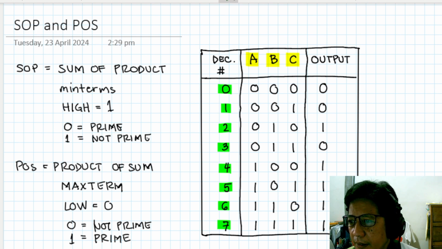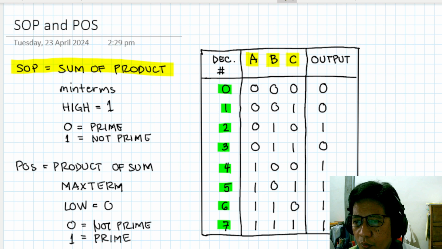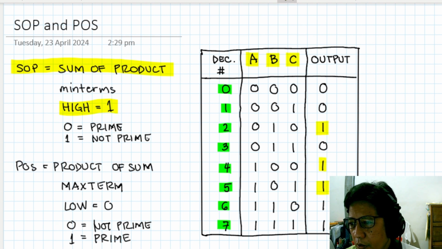So, let us derive the Boolean function from the given truth table using sum of product. It is stated that in a sum of product, we will only use outputs which are set to high. And these are the outputs set to 1.